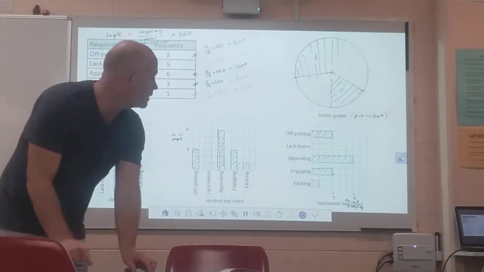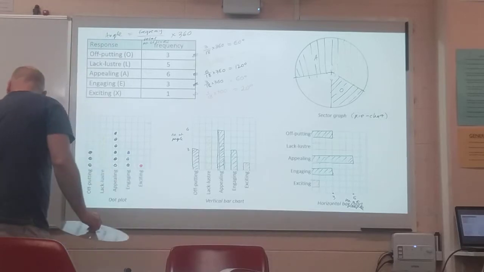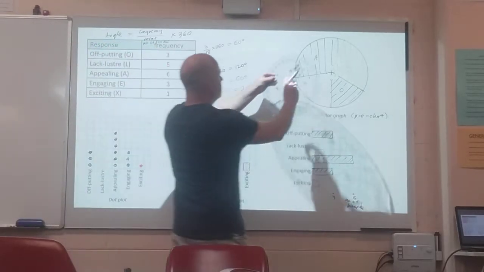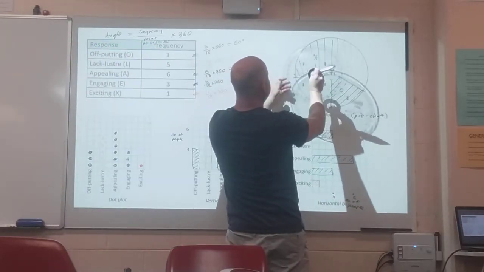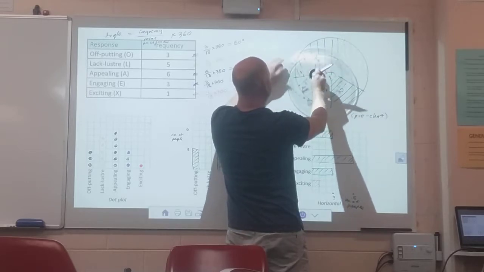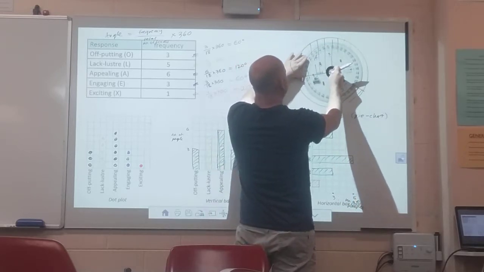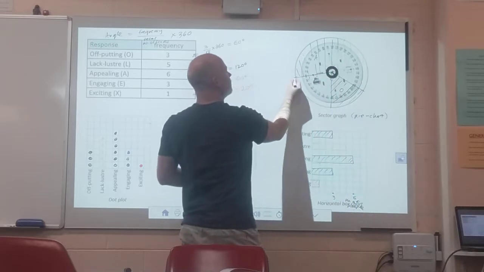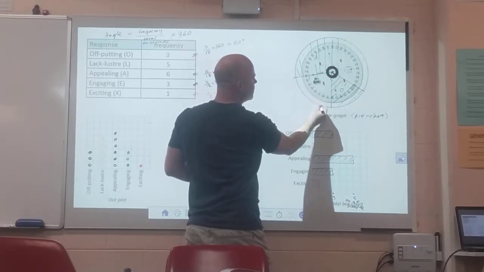Engaging was 60 degrees as well. So the 0 is right there. 0 degrees there, 60 is here.